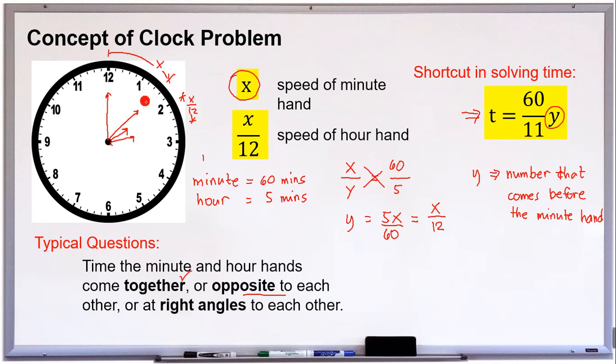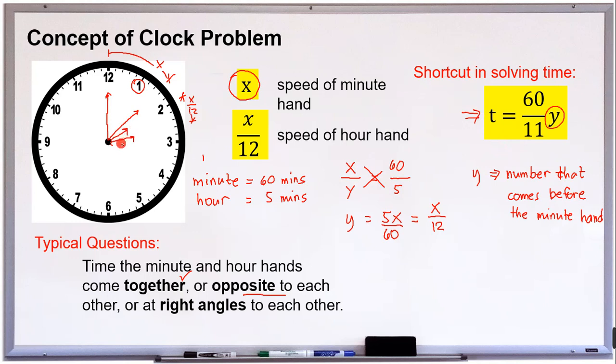And the number that comes before the minute hand is the number 1. So you're going to multiply 1 by 60 over 11 to get the time.